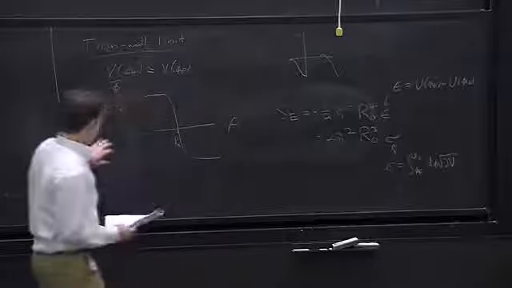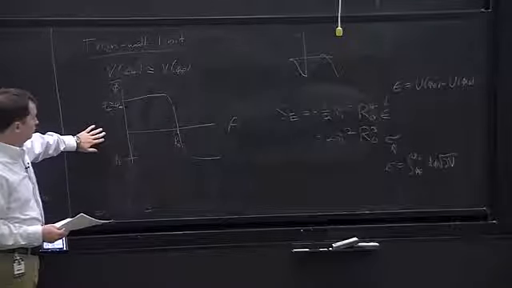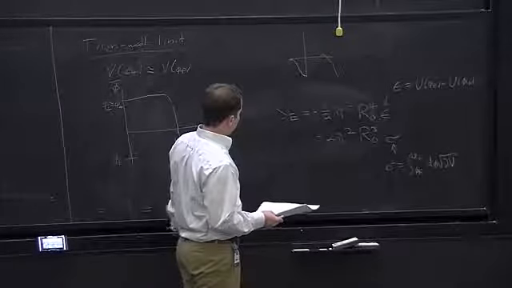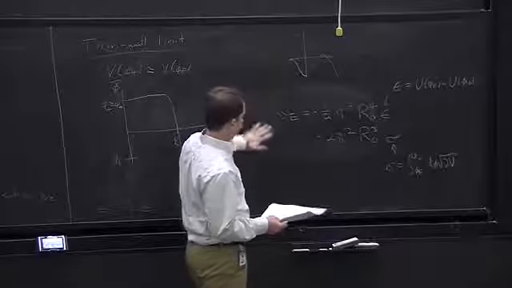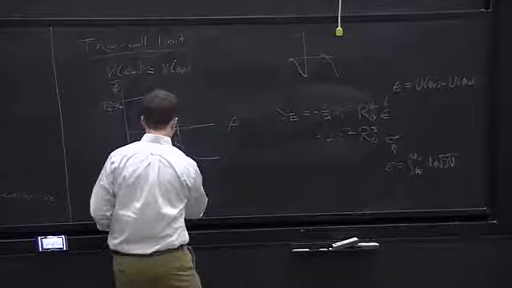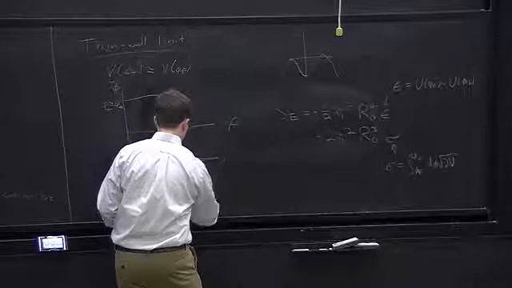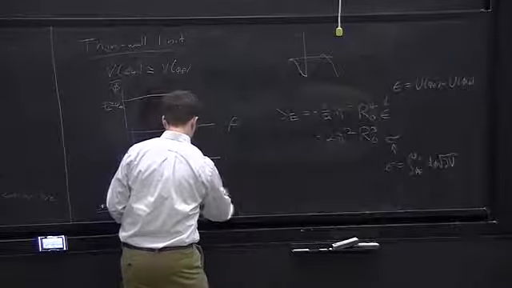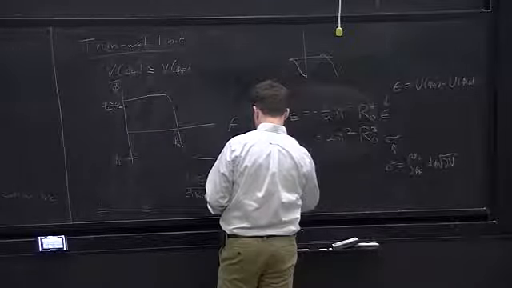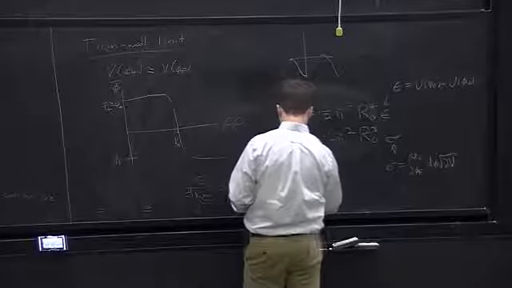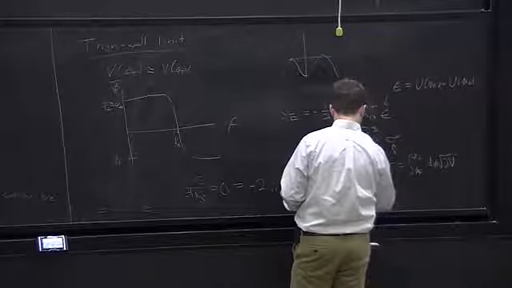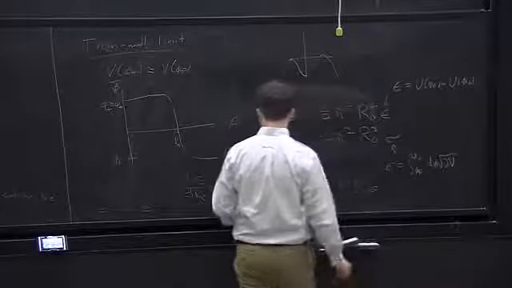Okay, so we want this to be a stationary point, a saddle point of our path integral, which means that it should be stationary under variations of R naught. So we should have dS/dR naught equals 0, which tells us minus 2 pi squared R naught cubed epsilon plus 6 pi squared R naught squared sigma should be 0.